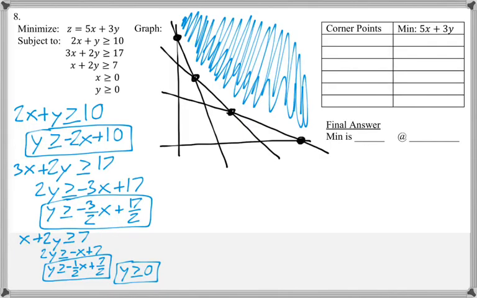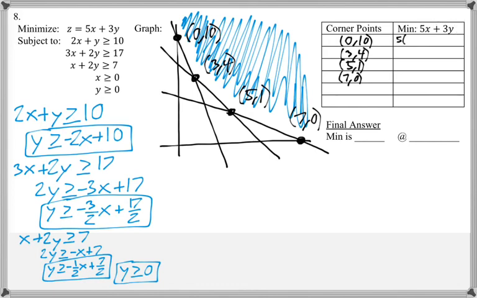Now that we found all of our intersection points, we can label them as the corner points on our graph. So 0, 10, 3, 4, 5, 1, and 7, 0. So these are the 4 candidates for the minimum. So I want to plug them into the objective function 5x plus 3y.